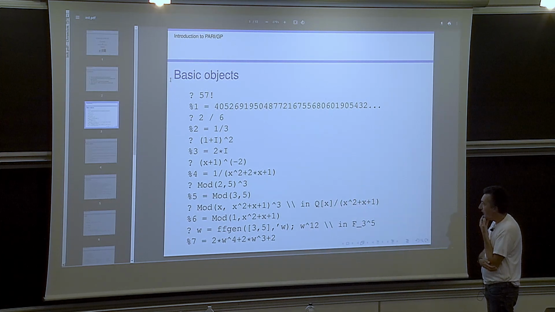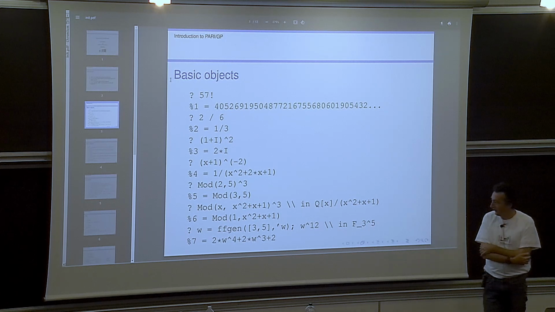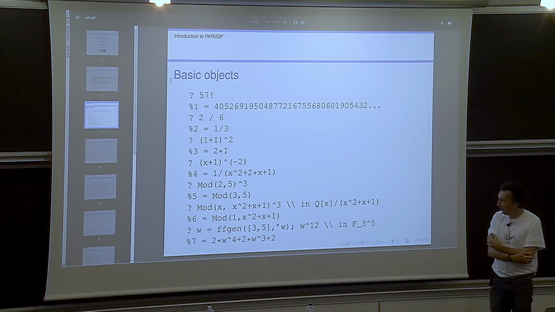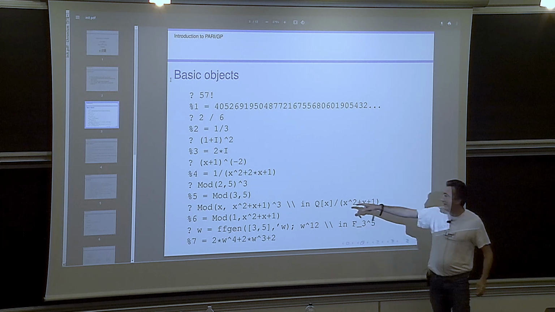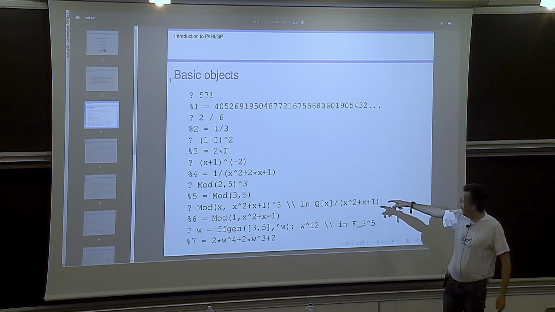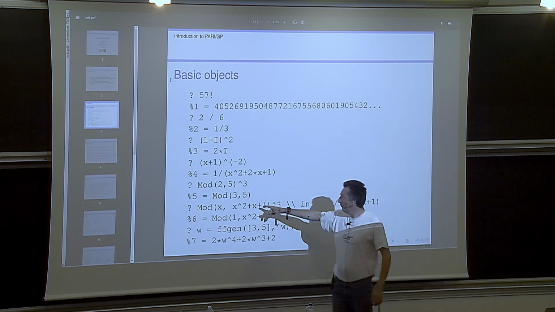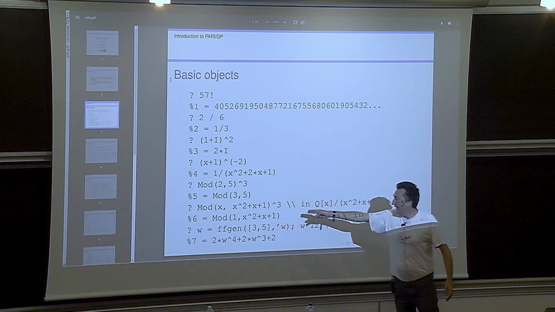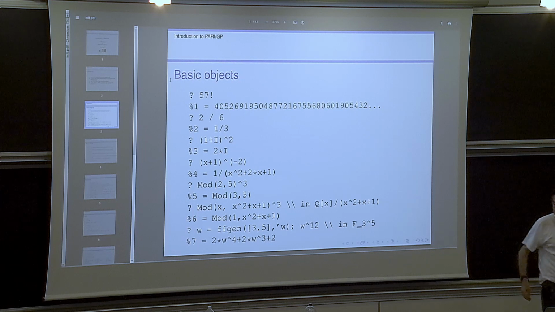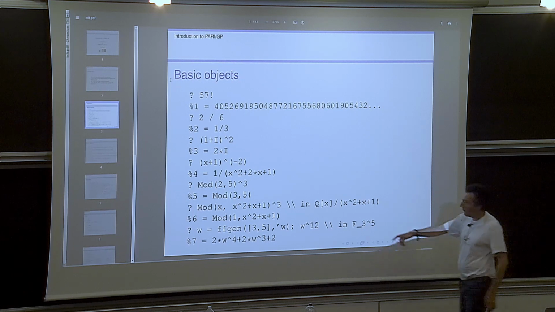The next example is the same idea, but instead of integers, you have polynomials. Now you work in the field Q[x] over x squared plus x plus 1. So you have Mod(x, x squared plus x plus 1) cubed, and you get 1, the 1 mod this.